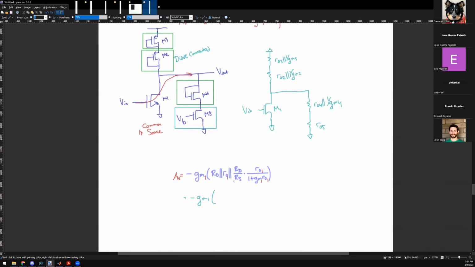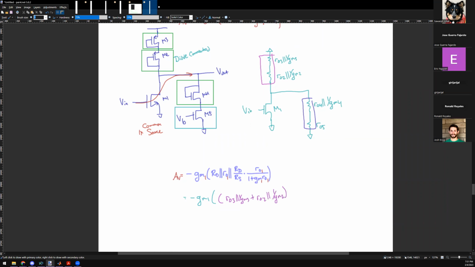So what impedance does the drain see? It sees this guy and this guy in series. So it sees R03 parallel 1 over GM3 plus R02 parallel 1 over GM2.